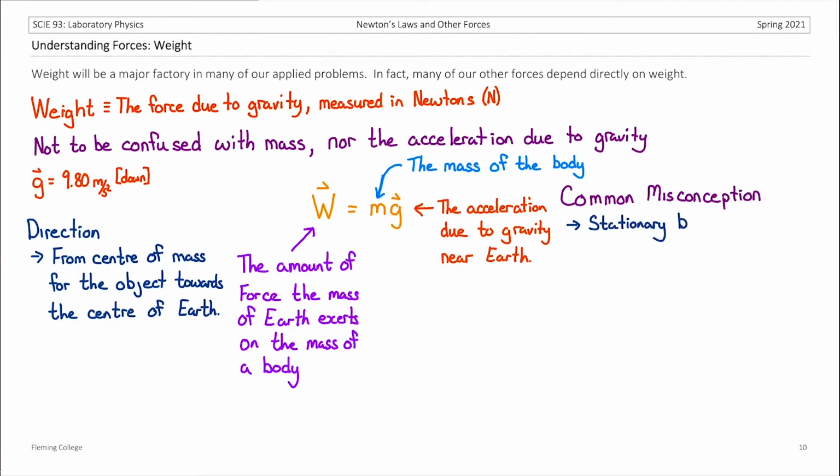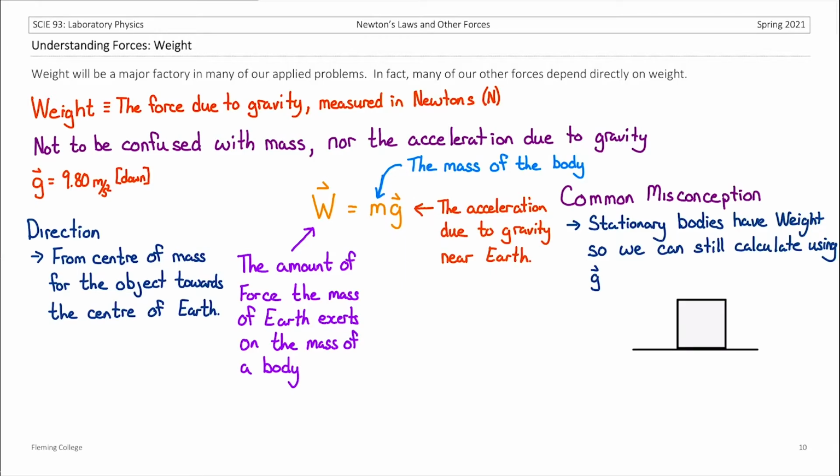Even though the body is stationary, g still applies. Whenever we have a stationary body, so we have an object sitting on a surface, that object still has a weight. So even though it's not possible for this object to move downwards, we still use that acceleration due to gravity to calculate the magnitude of that weight.